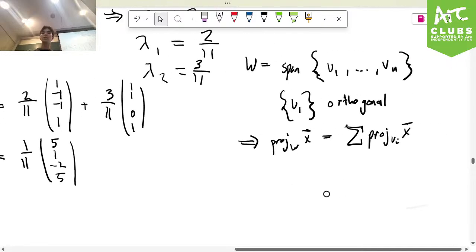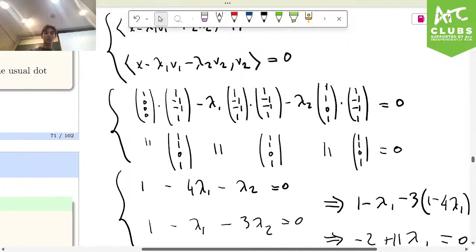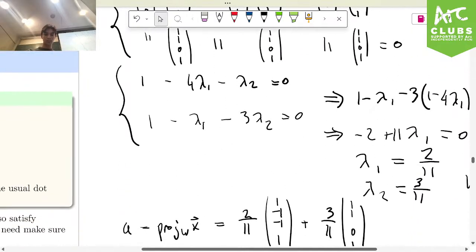I hope that makes sense. That's just a special case where it becomes easier. But in general, you're going to have to be doing calculations like these.